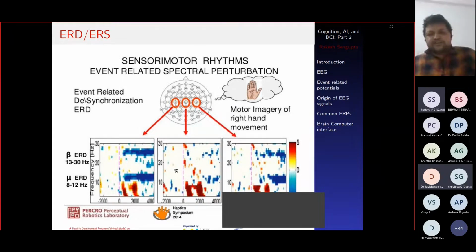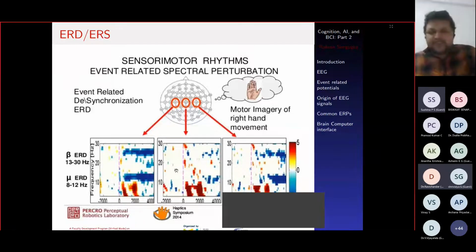So there will be a lot of alpha waves, with 8 to 12 hertz frequency, especially in the electrodes shown over there, right on the top of your head: the central one, and one left and one right. Especially looking at those electrodes, these are the kinds of things you can expect.